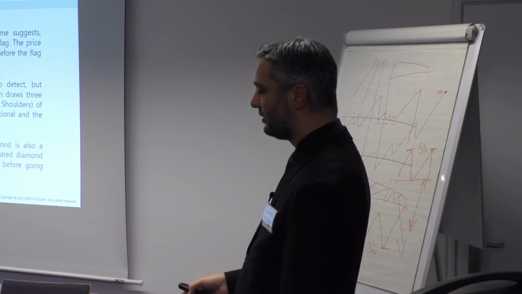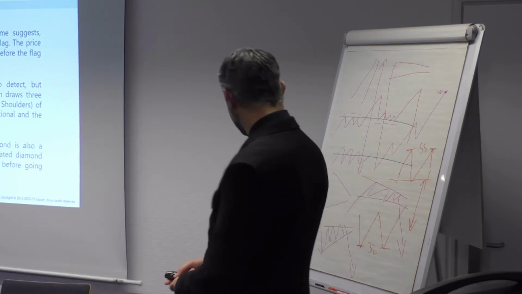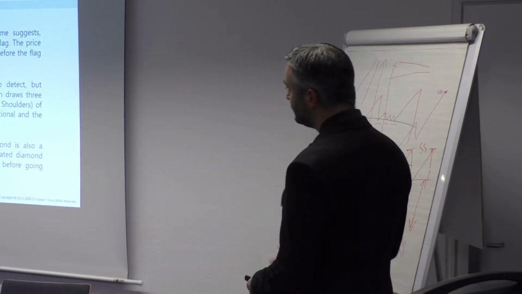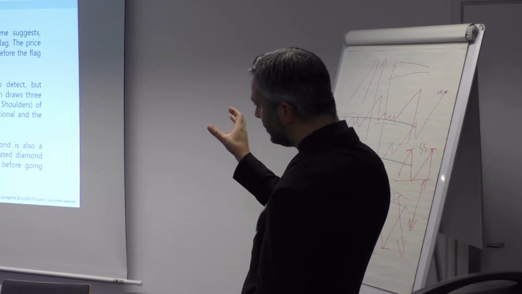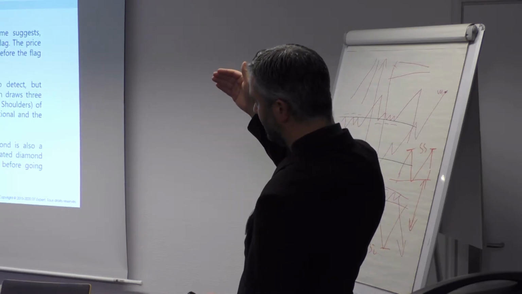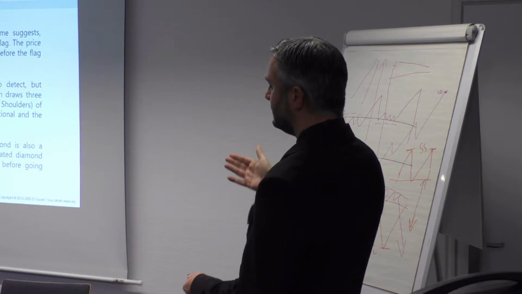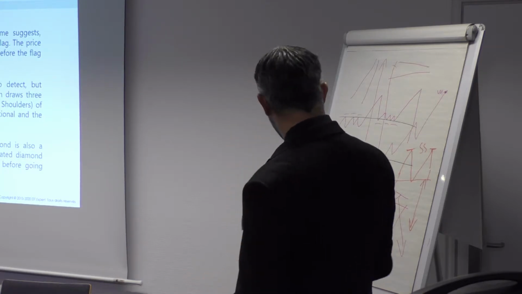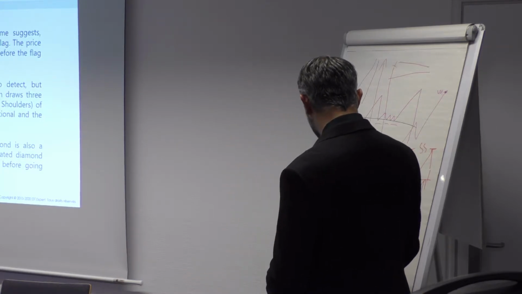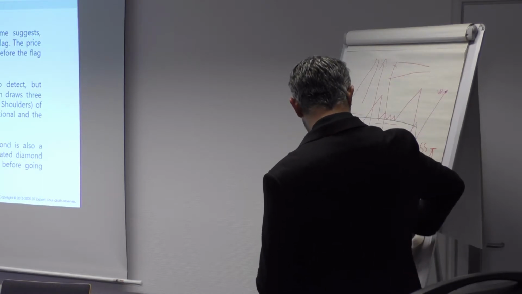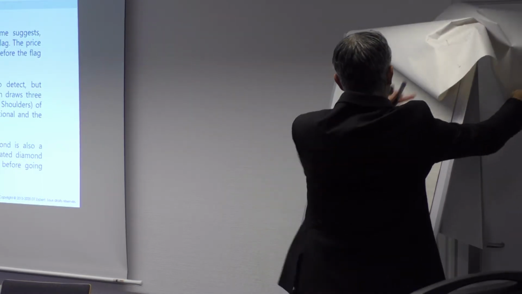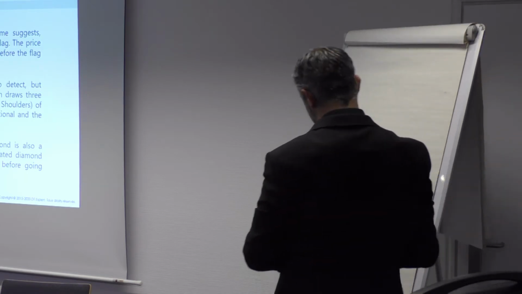A flag is like the triangle, same family, a continuation pattern. A flag is some small trend lines for when the price is having a little pause in the trend that it is evolving in. I will show you what is a flag and how not to.